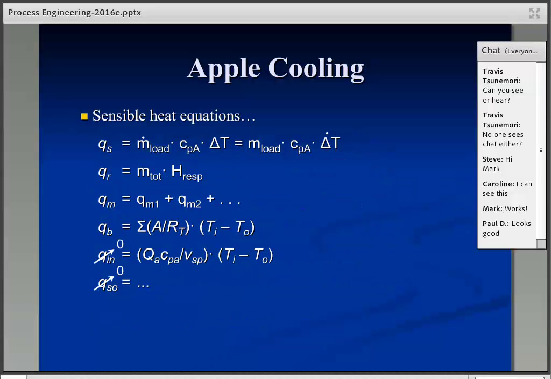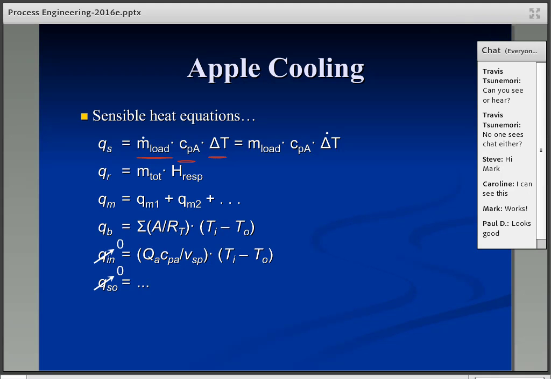These are the equations you could use to calculate several of these terms, so maybe we should talk about that. The sensible heat load for apples is going to be the mass rate of apples coming in, I'll call that m dot of the load, times the specific heat capacity of the apples times the temperature change that they go through.